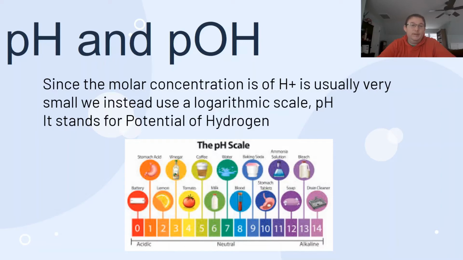For extremely concentrated acids, it would be below 0, and for extremely concentrated bases, pH would be above 14. So it is possible. Now, pOH is the same thing, but in reference to the hydroxide ions. pH or pOH stands for potential of hydrogen ions or potential of hydroxide ions.